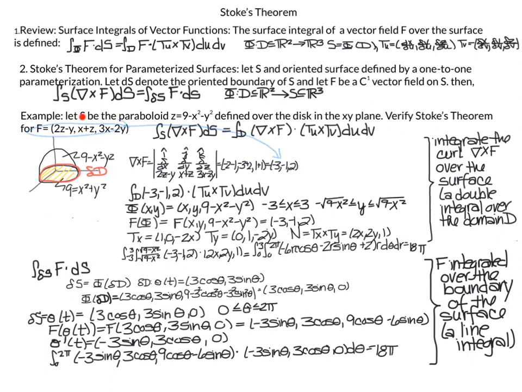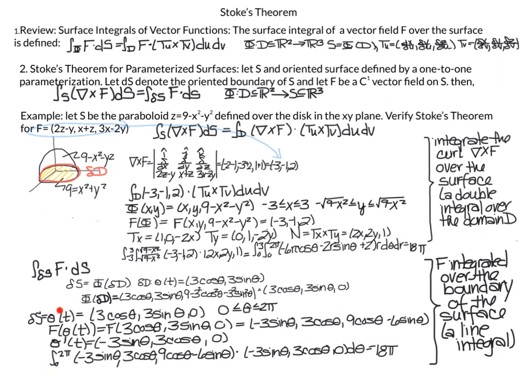We have x plus z. Z is 0, so we'll have 3 cosine theta, and then 3x minus 2y. So 3 times 3 cosine theta, which is 9 cosine theta, minus 2 times y, which will give me minus 6 sine theta.